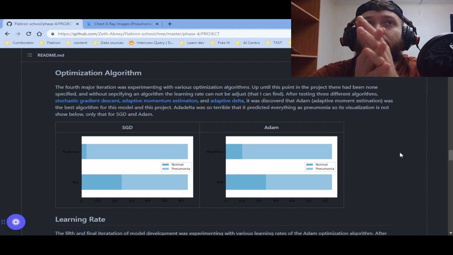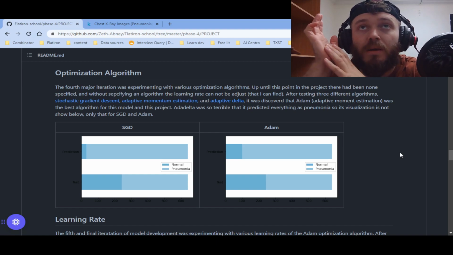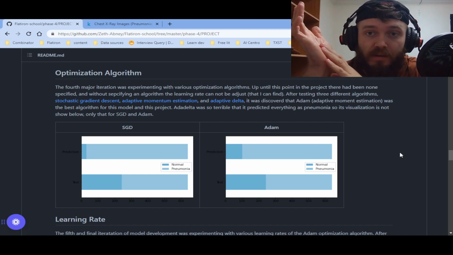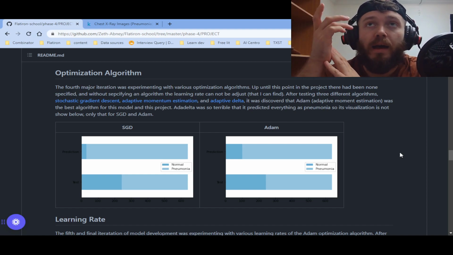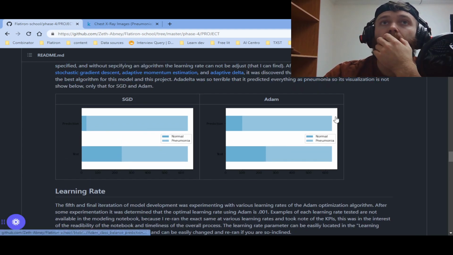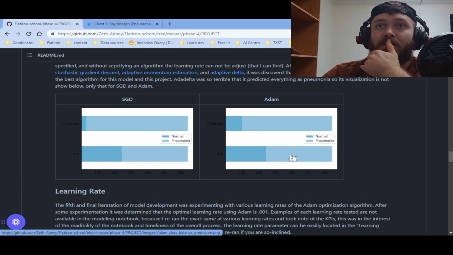I tested 3 different ones: stochastic gradient descent, adaptive momentum estimation, Adam, and adaptive delta, Adadelta. I ended up going with Adam, and then the next thing was, so this is the model's predictions on the top, and then the test sample's actual class balance on the bottom here.